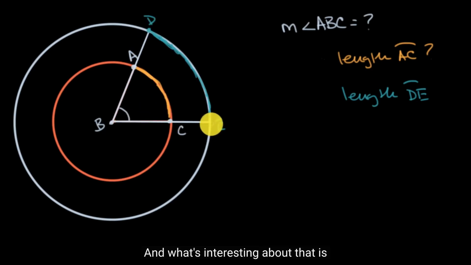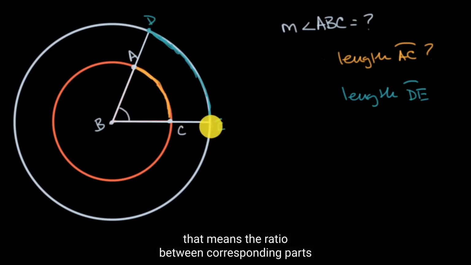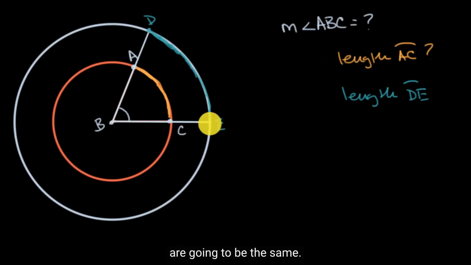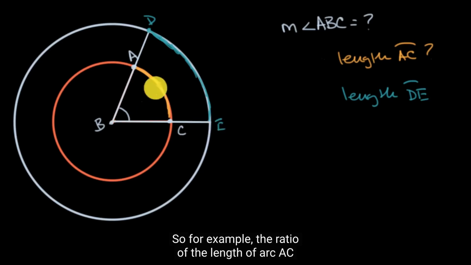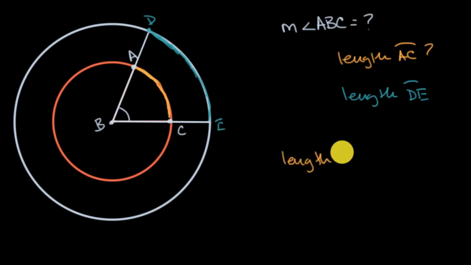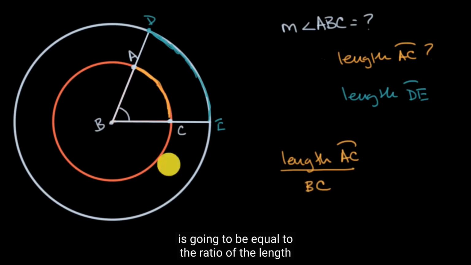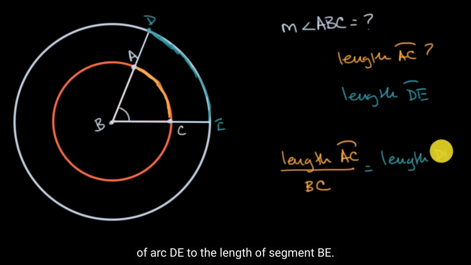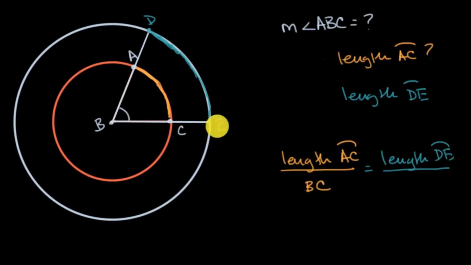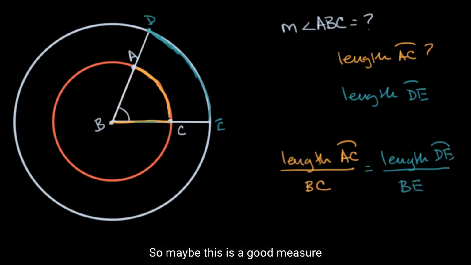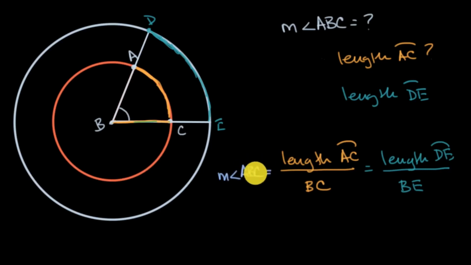And what's interesting about that is, if two things are similar, that means the ratio between corresponding parts is going to be the same. So, for example, the ratio of the length of arc AC to the length of segment BC is going to be equal to the ratio of the length of arc DE to the length of segment BE. So maybe this is a good measure for an angle.